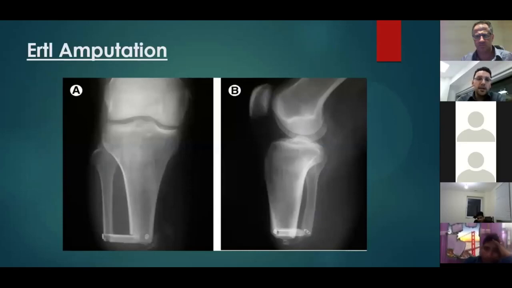The Ertl amputation is a well-known technique, and the idea of this technique is to create a large weight-bearing area or surface at the end of the stump, based on creating a synostosis between the fibula and the tibia. This X-ray shows a slightly modified technique because they used a tightrope.